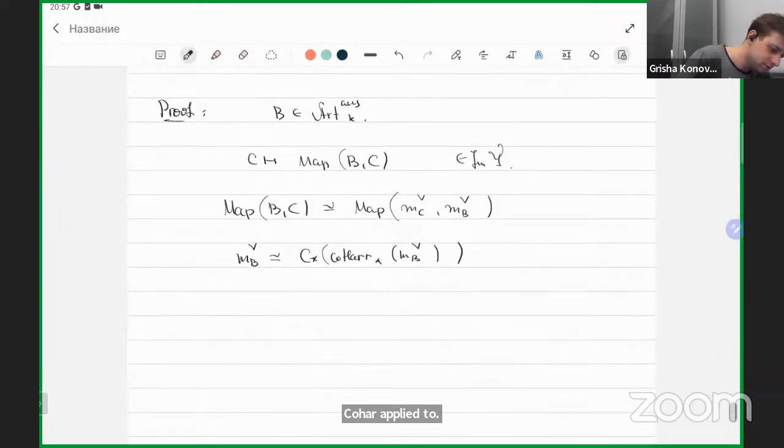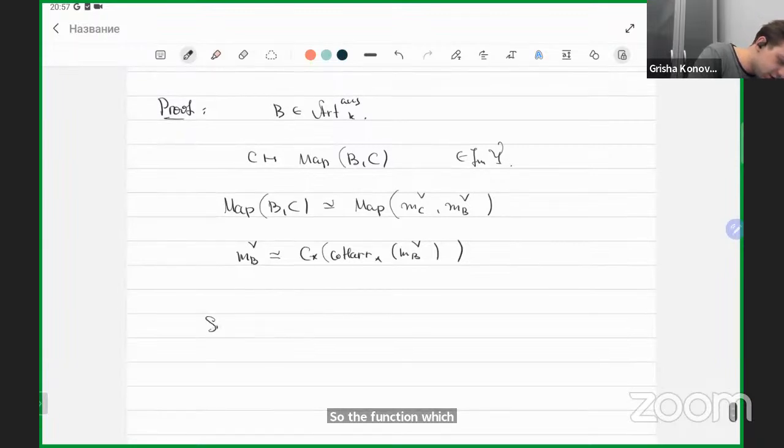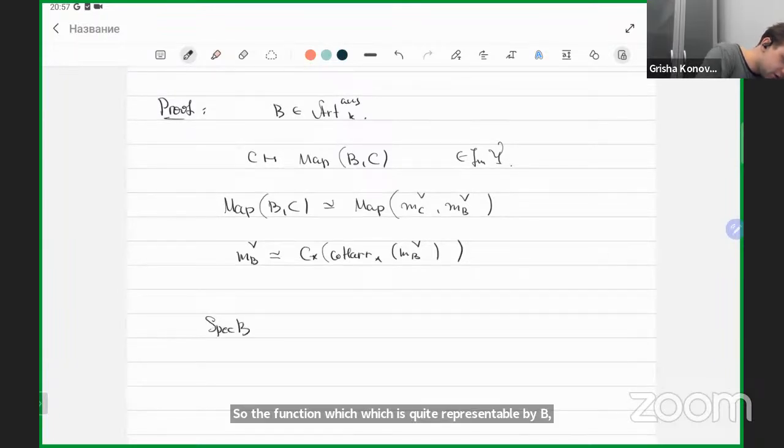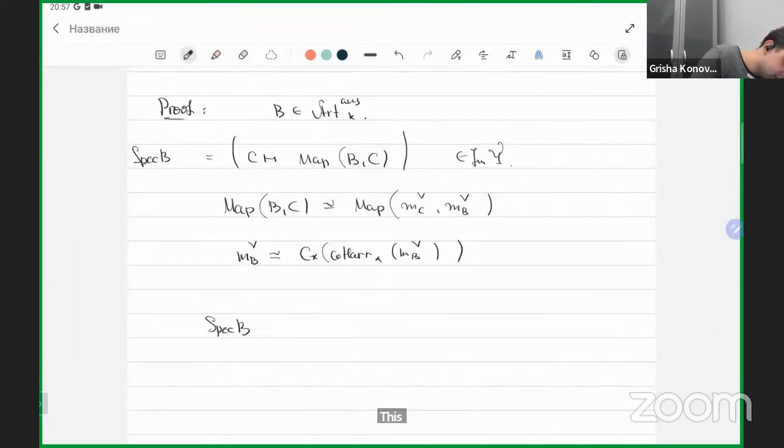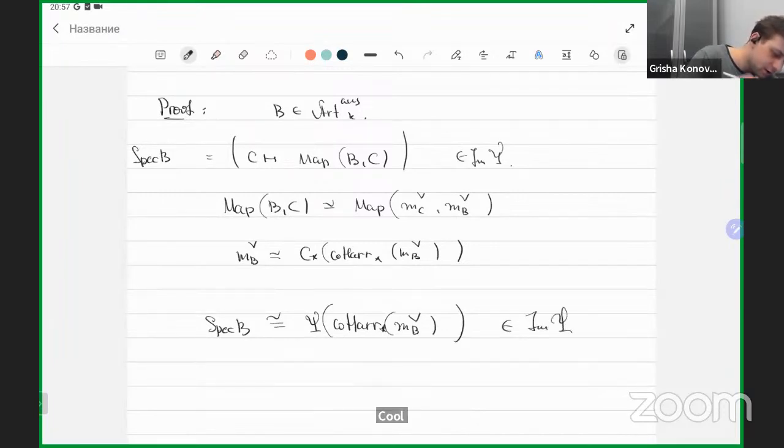So the functor which is co-representable by B, which we can call spec B, is isomorphic to psi of Kohar of B dual, which lies in the image.